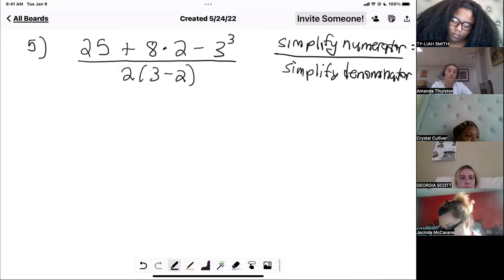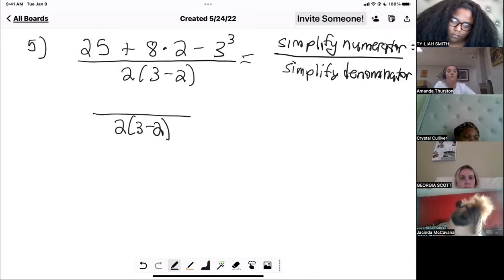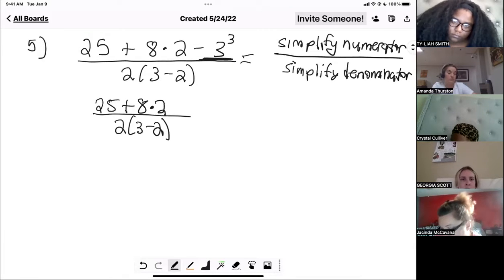All right, so let's just look at the numerator. I'm going to leave the denominator alone. Just let it sit here for a minute. We can definitely do both at the same time, but I want to concentrate one at a time. So if I look at the numerator, I see no parentheses, but I see this exponent. So I got to do that first. So 25 plus 8 times 2 minus 3 cubed.